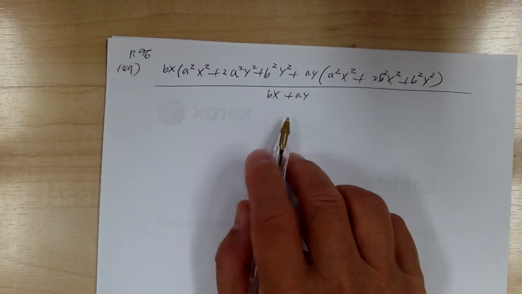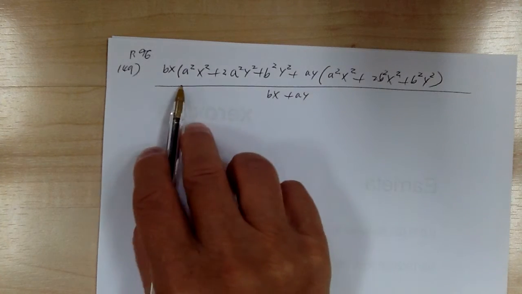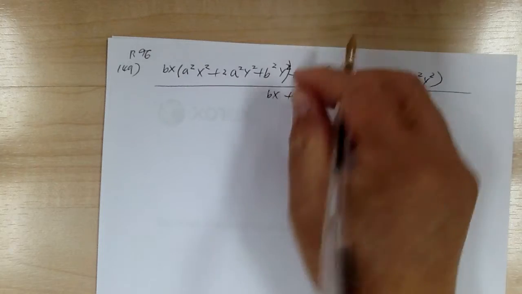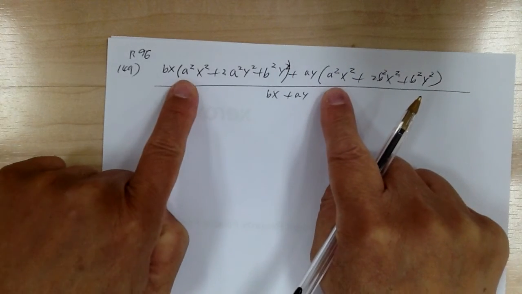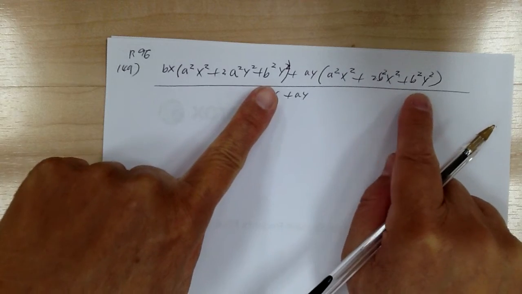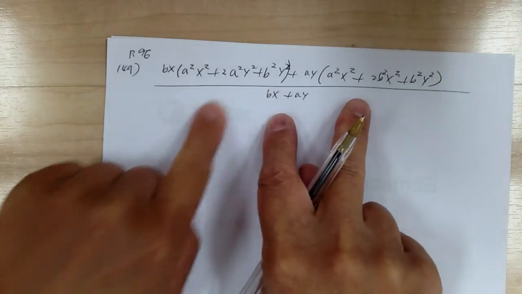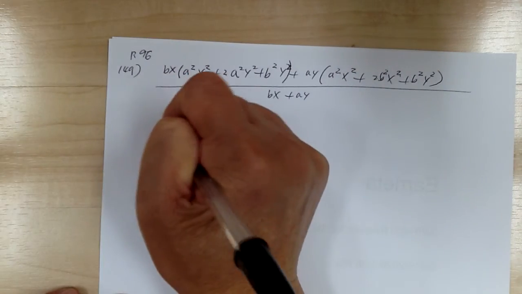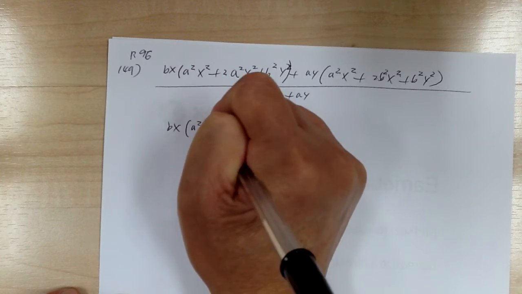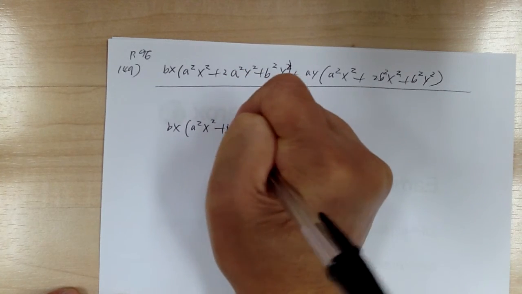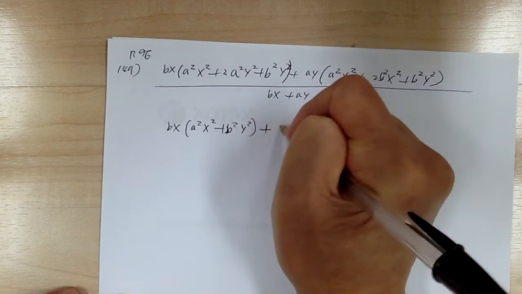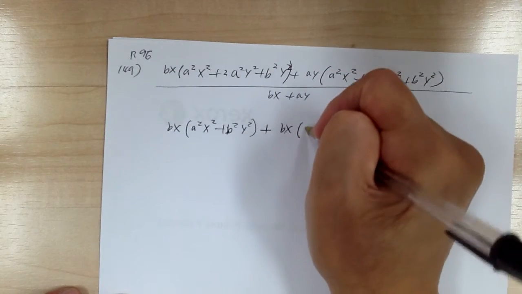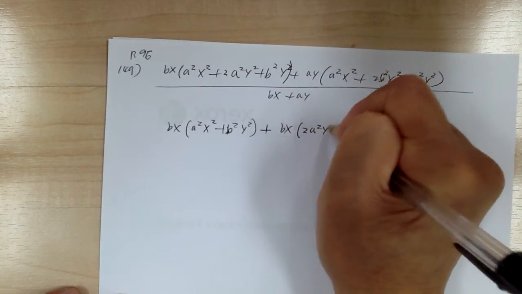To factor this, if you notice, both of these have an a squared x squared and a b squared y squared, so we're going to keep that. We're going to distribute that part. So this is equal to bx times a squared x squared plus b squared y squared, plus bx times 2a squared y squared.